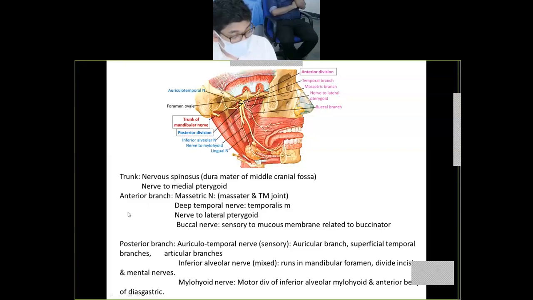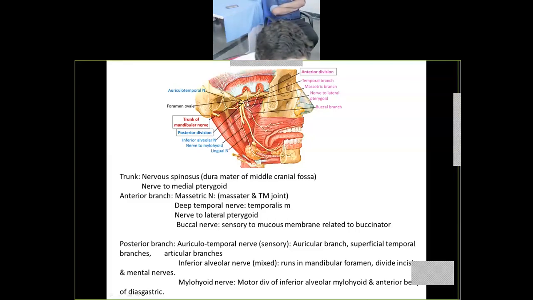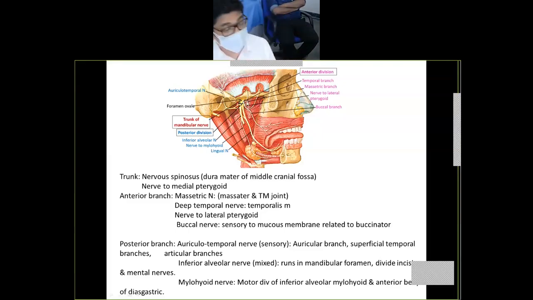Now from the anterior branch, this one, what are the nerves? Masseteric branch. You can see this branch lying above the lateral pterygoid. It will supply the masseter muscle. Deep temporal nerve: the deep temporal branch is going up above the zygomatic arch, and this will be supplying the temporalis muscle.